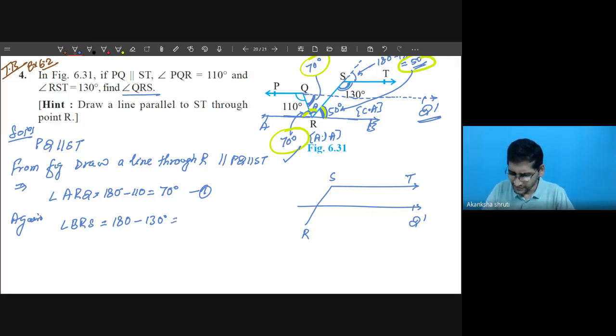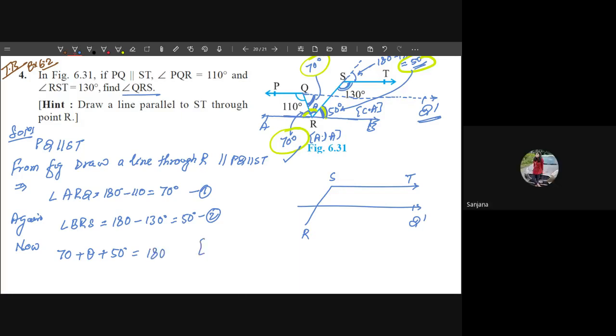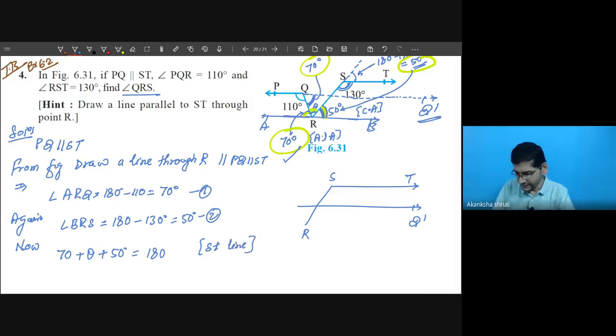Subtracting this, we are getting this as 50 degrees. This is our 2. Now this 70 plus theta plus 50 equals 180 degrees. So 70 plus theta plus 50 degrees, the three angles, make 180 degrees. Why? Yes, it is a straight line angle, or we can write a straight angle.